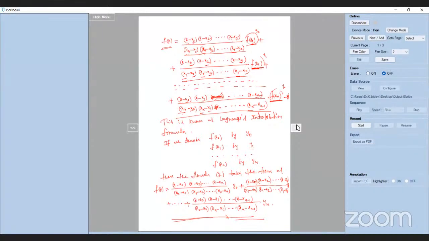These two formulas are used for finding the polynomial for the given data. What is the given data? X values may be equally spaced or unequally spaced. To find the polynomial for the given data by using Newton's divided difference interpolation formula, we have to construct Newton's divided difference table.